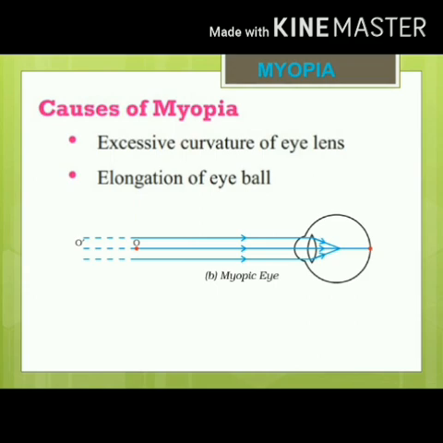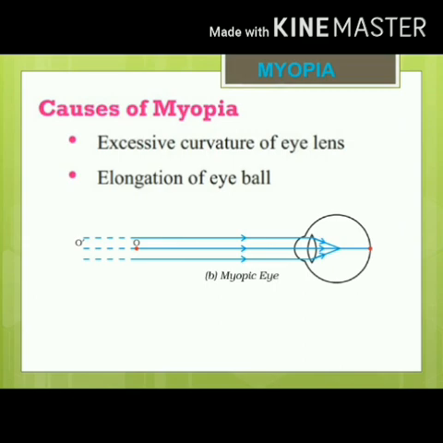Now, why is myopia caused? One thing we can understand is elongation of the eyeball. If the eyeball is elongated, then the image will not reach the retina. So this can be one reason. Another reason can be the excessive curvature of the eye lens.